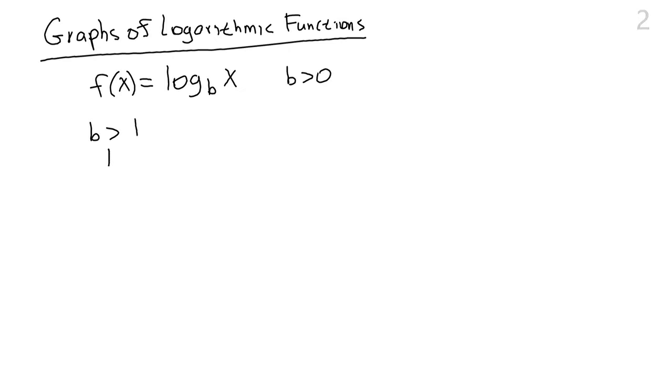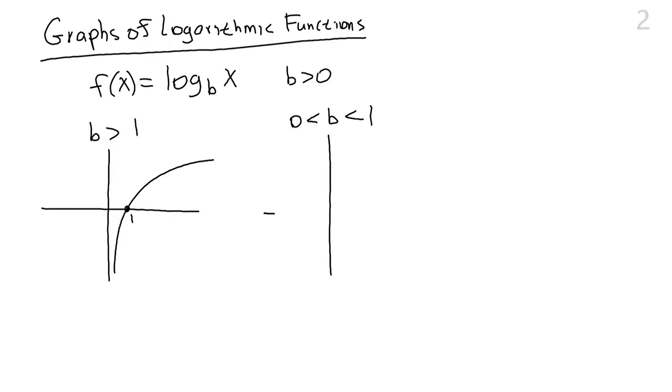However, if b is also greater than 1, the graphs of the logarithms look like this. If b is between 0 and 1, the graphs look like this. In both cases, there is a vertical asymptote at x equals 0.